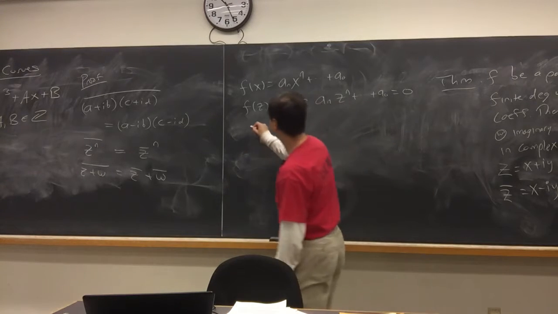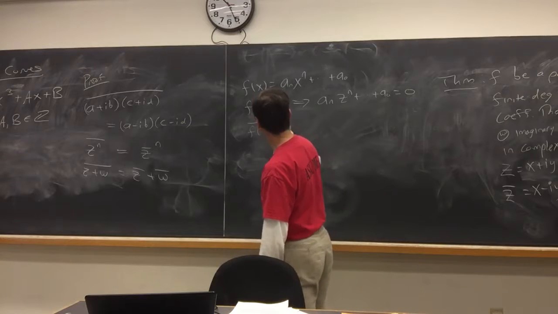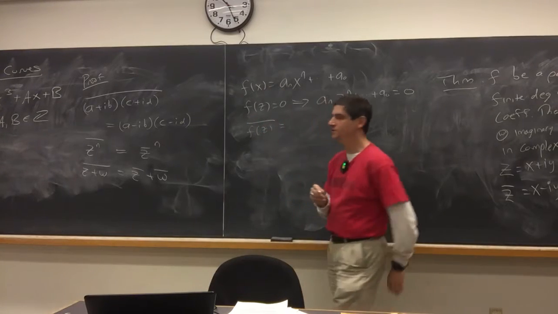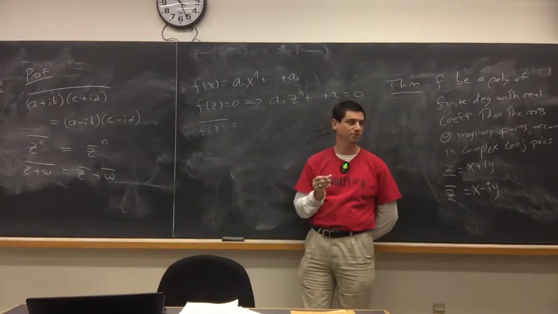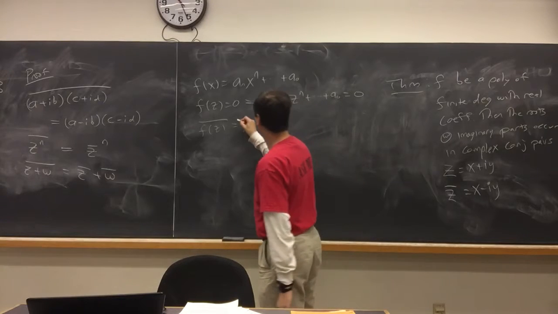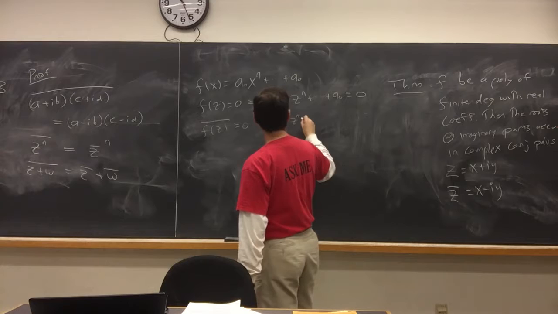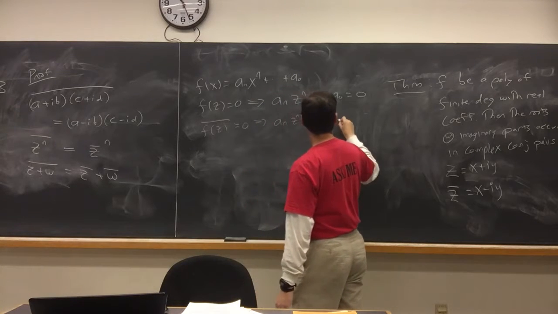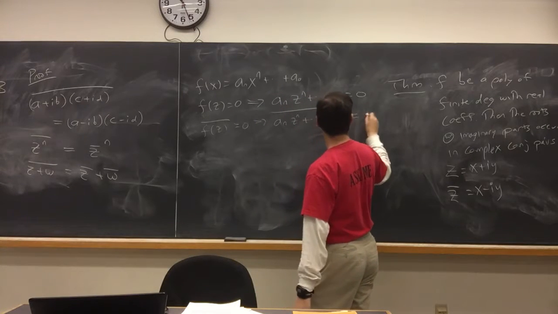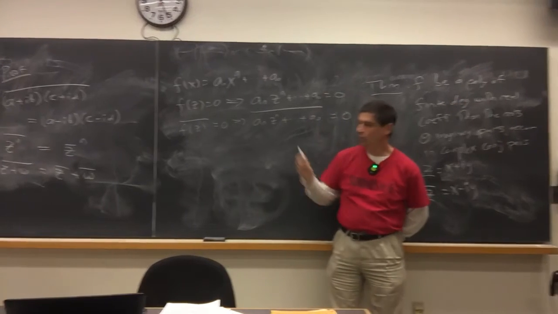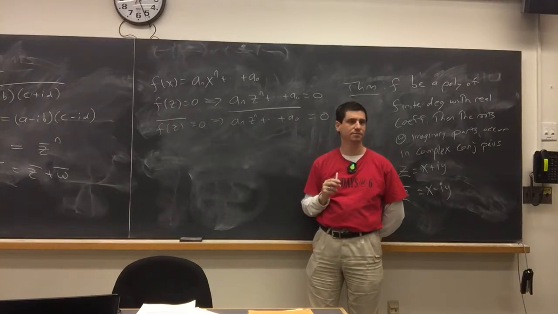So if I now look at the complex conjugate of f of z, the whole thing, what's the complex conjugate of 0? 0. So what we would get is an z to the n plus a0, complex conjugate of the whole thing, equals 0. What's the complex conjugate of the sum?